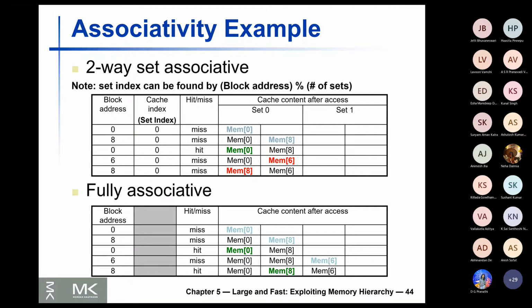You rather replace the cache block which kind of came into play least recently, so long time back. This long time back is a very subjective statement. It can even be like the last cache access and the last to last cache access. If you have to compare between them, you select the last to last. This is a very simple principle.